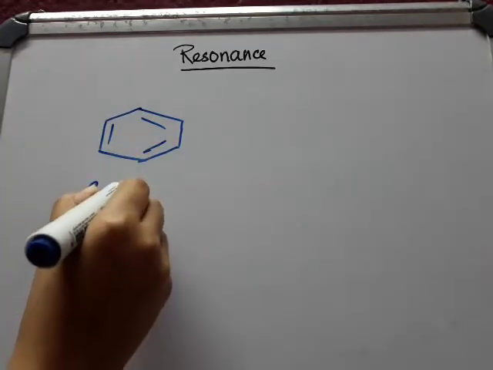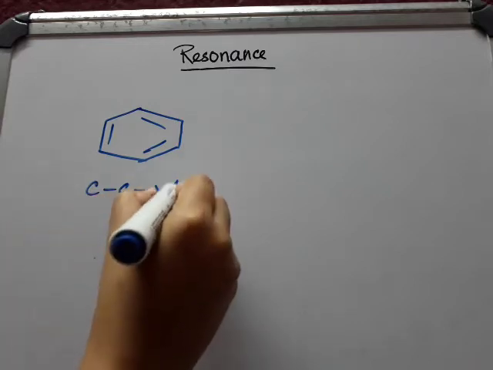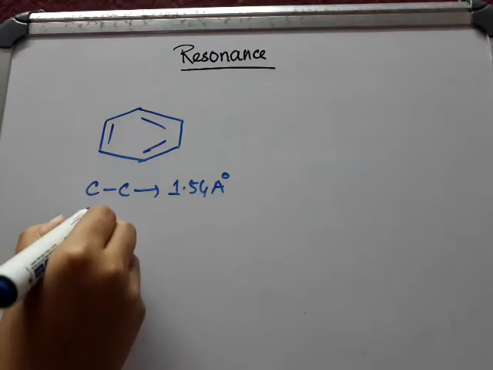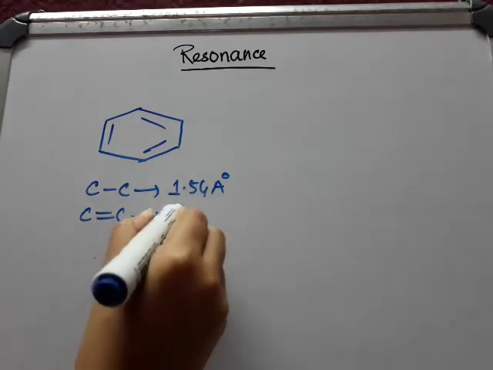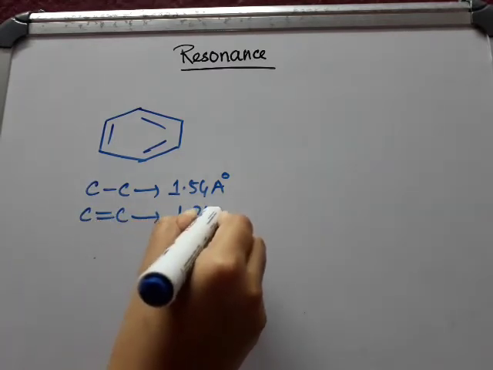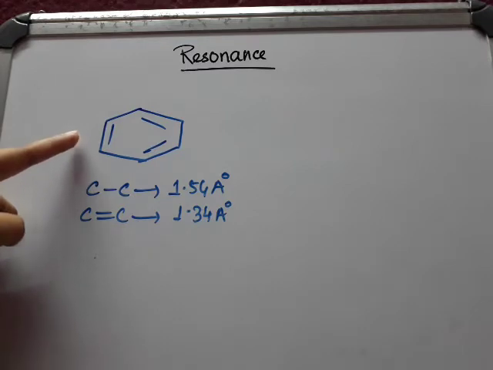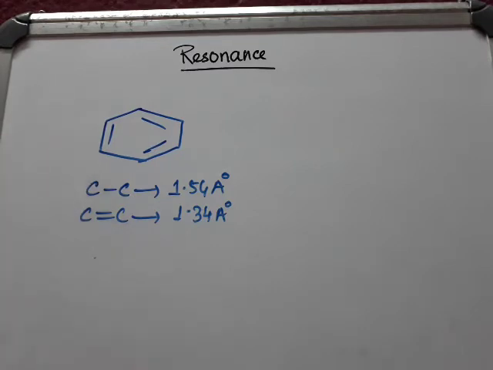So we know that carbon-carbon single bond length is 1.54 angstrom, whereas carbon-carbon double bond length is 1.34 angstrom. But it is found that all of the carbon-carbon bonds in benzene are equal in length. Why? This also occurs due to resonance.